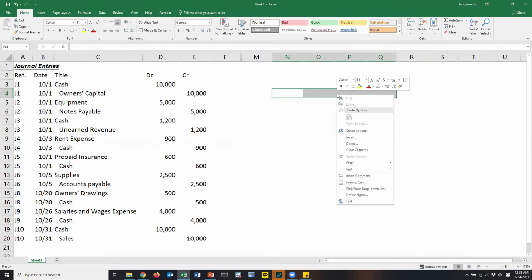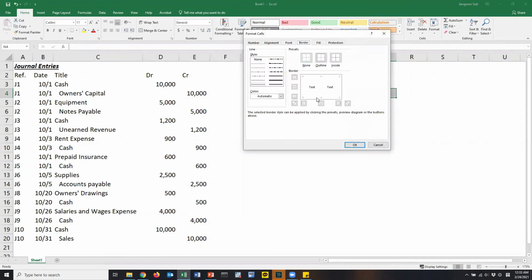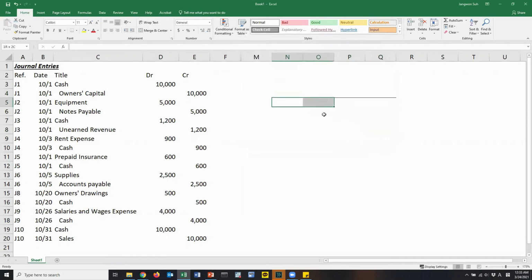I am sort of used to drawing the lines in Excel, so I can do it easily, but you don't have to follow me actually. Okay, so I'm drawing a huge T, something like this.